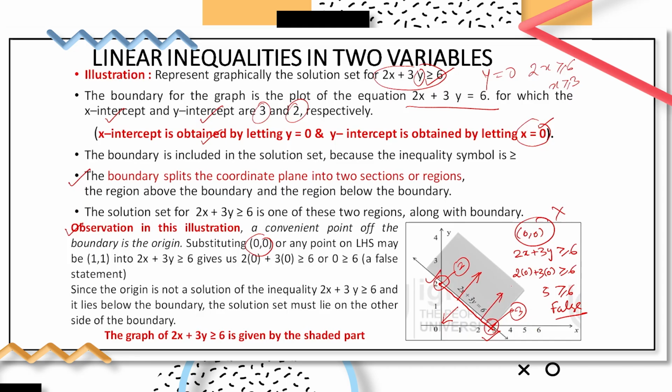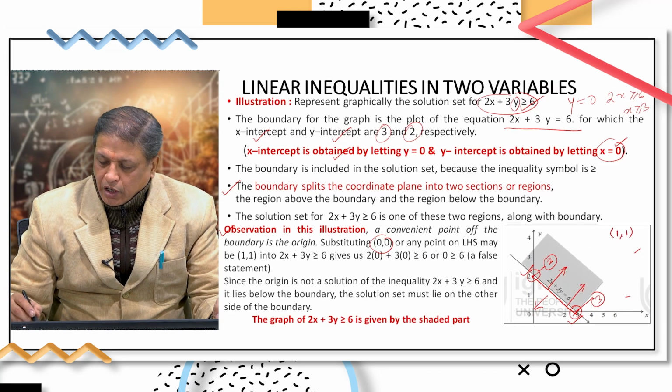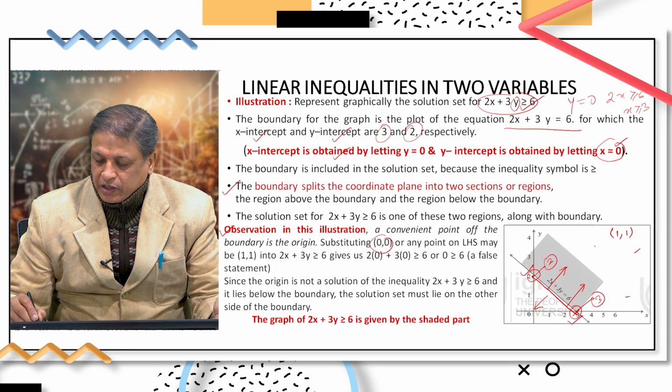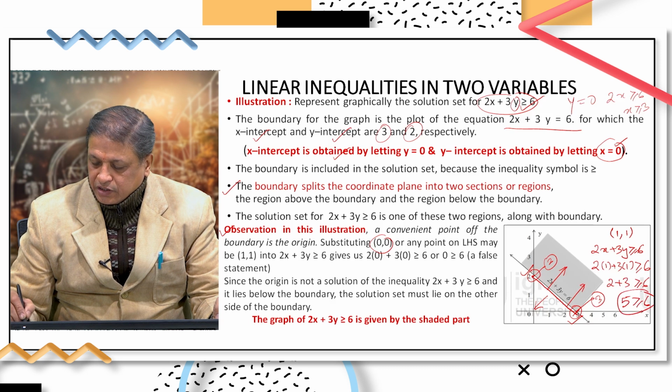Apart from this, we can also verify any point which is lying on the left hand side of the line, say point 1, 1. Again substituting this point 1, 1 in the inequality 2x plus 3y greater than or equal to 6, you will get 2 into 1 plus 3 into 1 greater than or equal to 6, which is 5 greater than or equal to 6, and again this is false.